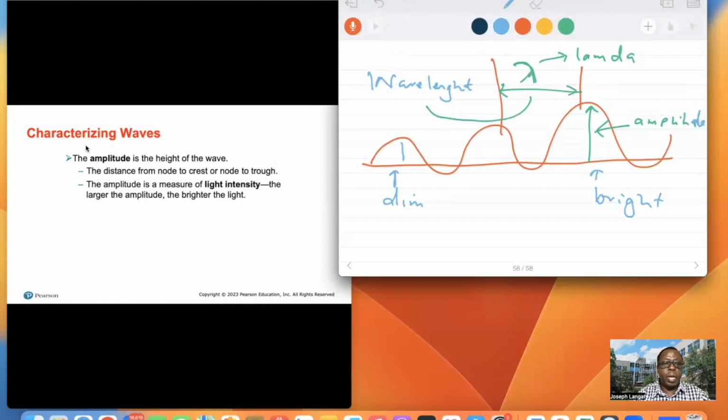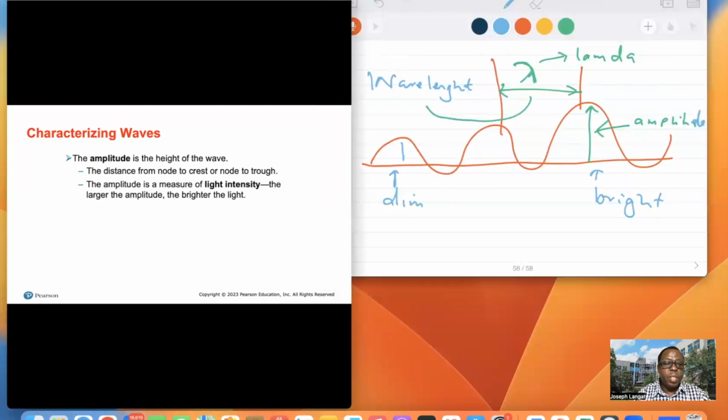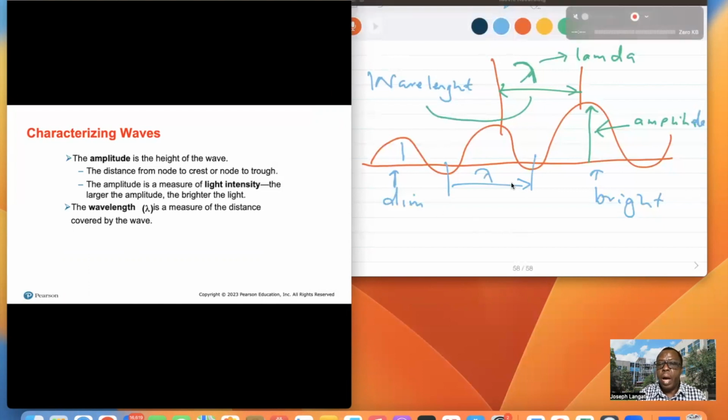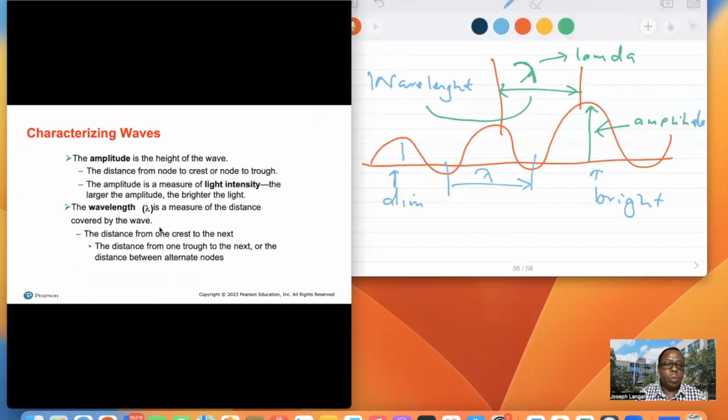So we talk about characterizing the wave. There is the wavelength, a measure of the distance covered by the wave, the distance from crest to crest, or even here. This also could be the wavelength, and we designate it using the Greek symbol lambda. I will also be using this symbol in the equation. Please know what it means.